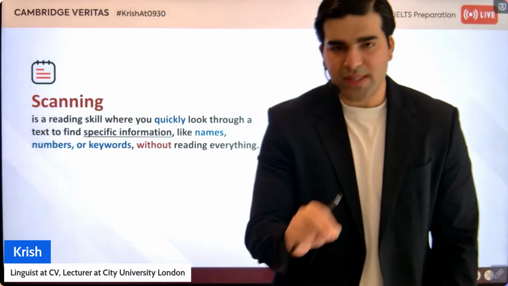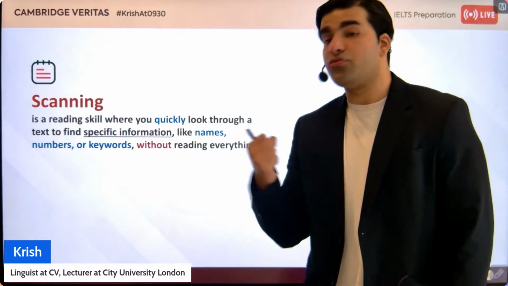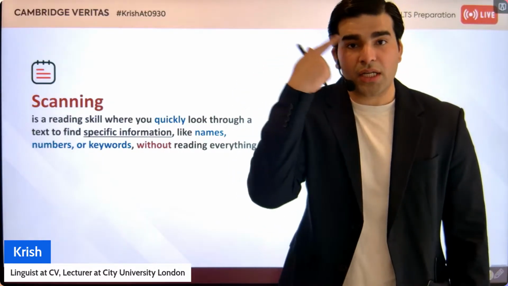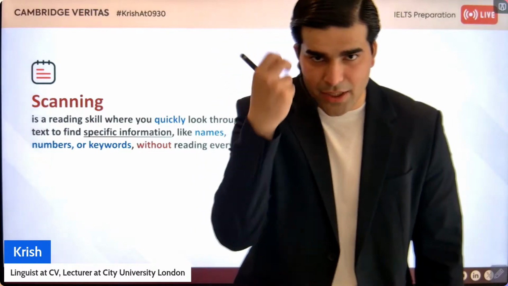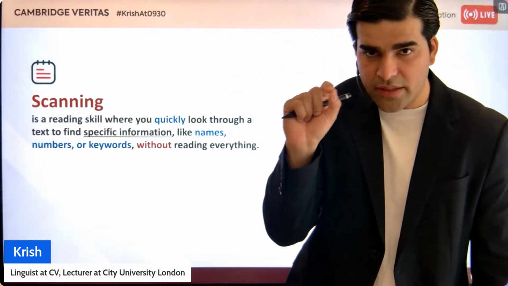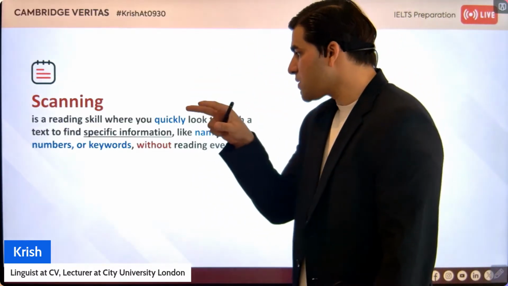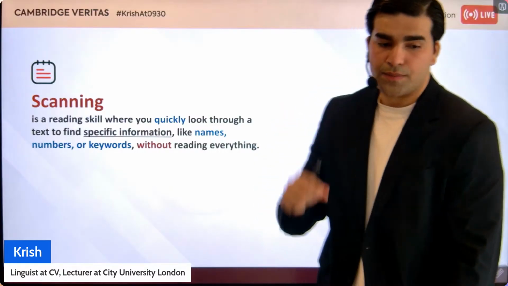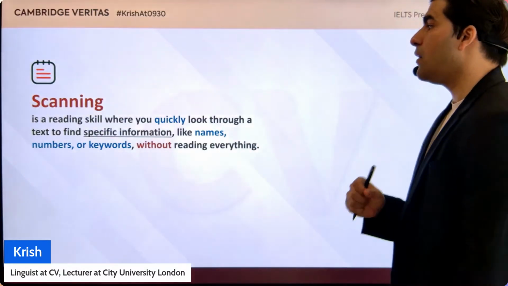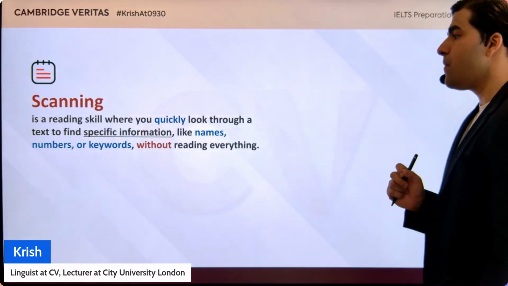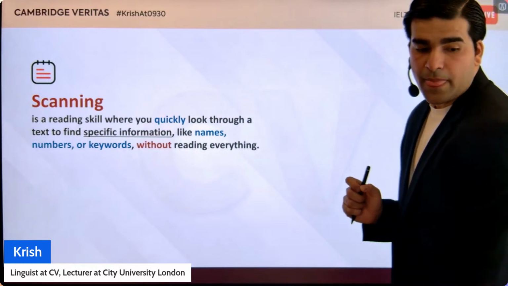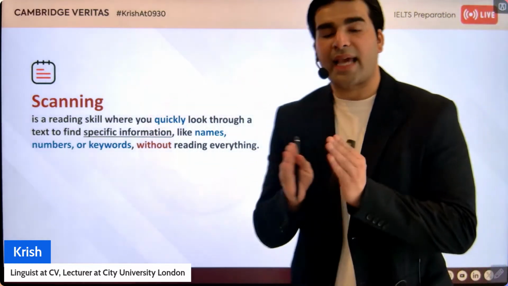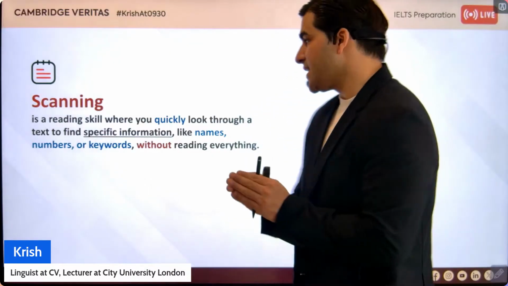I want you to pause the lesson right now. Read it loudly. Your mind should listen to your words. Register it in your mind. Focus on the underlined letters, words, and the blue words. I hope you're done. What is scanning? Scanning is a very important reading skill.